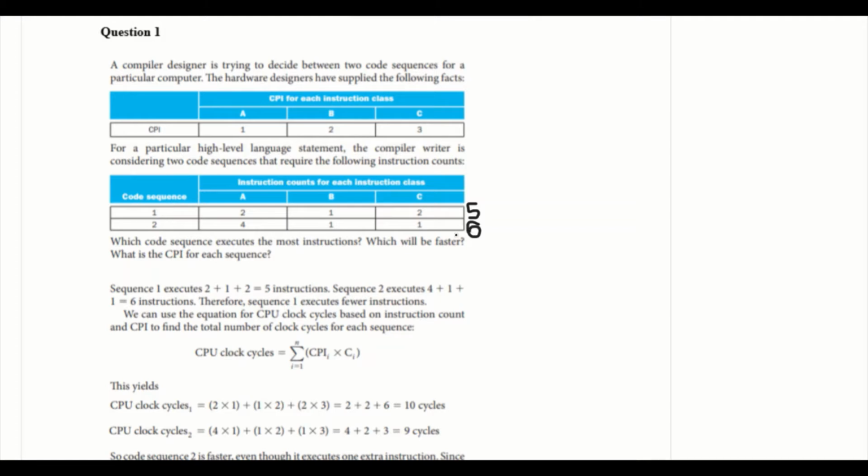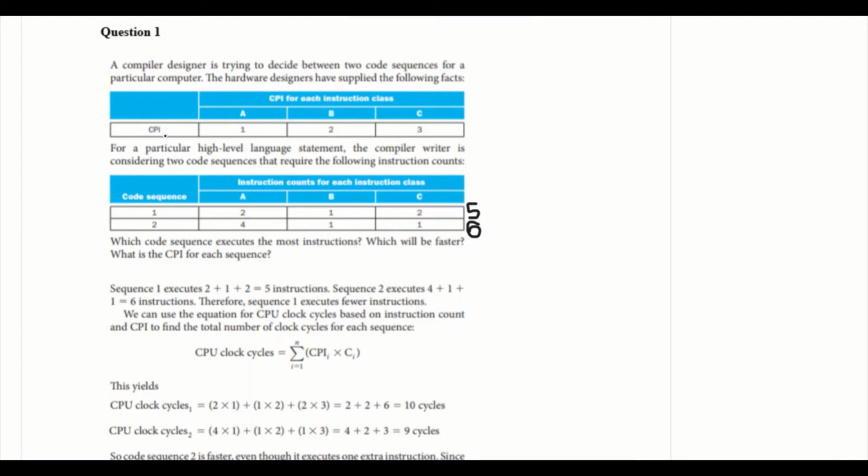They don't give the total number of instructions, but they give details. Like it has this many instructions of this type, of this type, of this type. Like 2 add instructions, 2 subtract instructions, 5 multiplication instructions, something like that. Details. Okay.